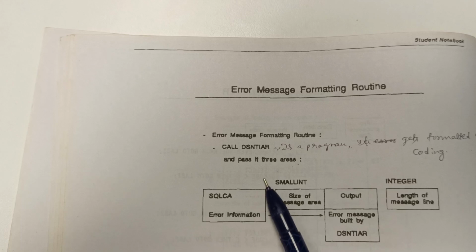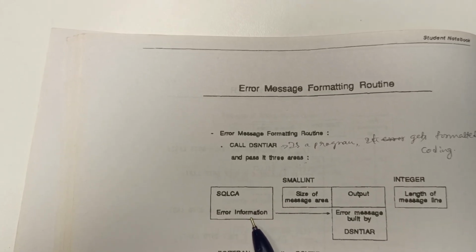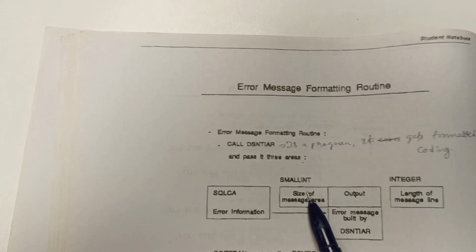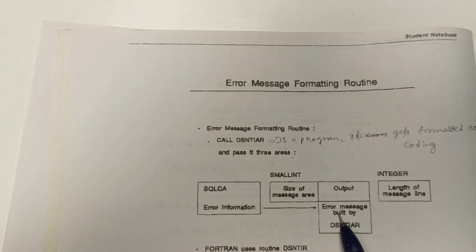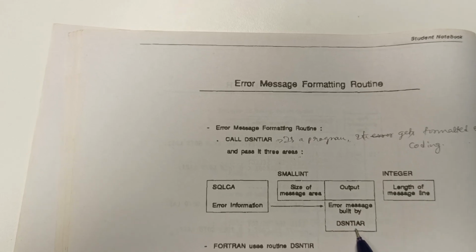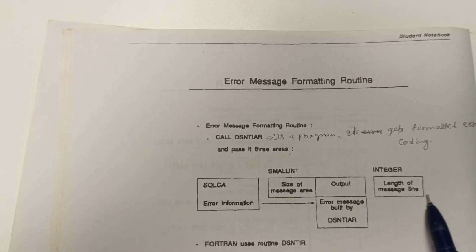It passes three values: one is the SQLCA with the error information, then the size of the message area, and in output we get the error message built by DSNTIAR, and an integer with the length of the message line.